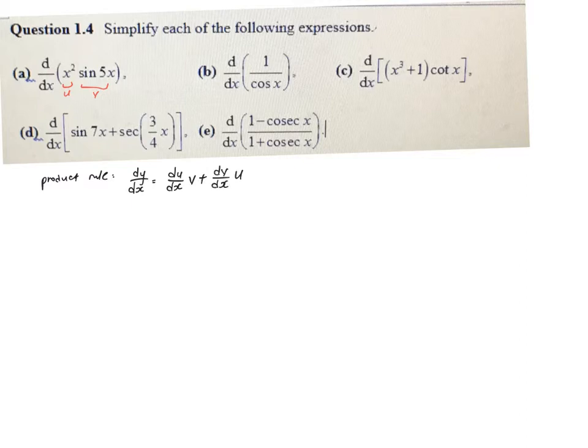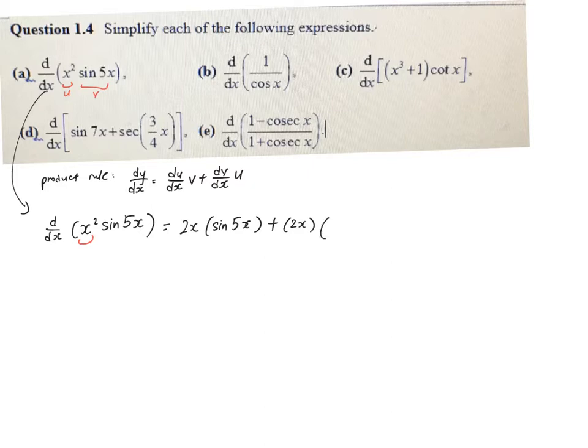Then from here, differentiating x squared sine 5x, this will give us the derivative of x squared, which is 2x multiplied by v, plus dv/dx, which is 2x multiplied by u. Sorry, dv/dx, wrong.